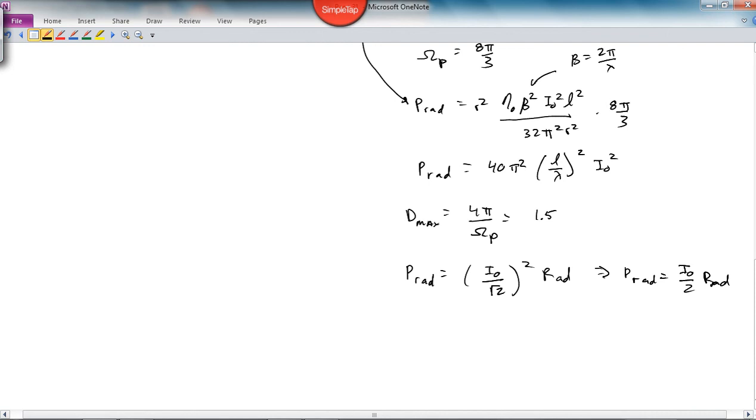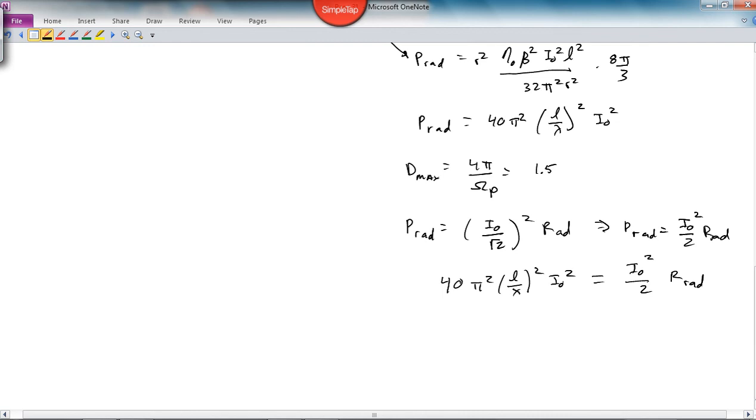And the radiation resistance for the Hertzian dipole is therefore found by equating P rad to the right-hand side of this equation. So we get 40 pi squared L over lambda squared I0 squared is equal to I0, oh, I left a squared off there, I0 squared over 2 times R rad.